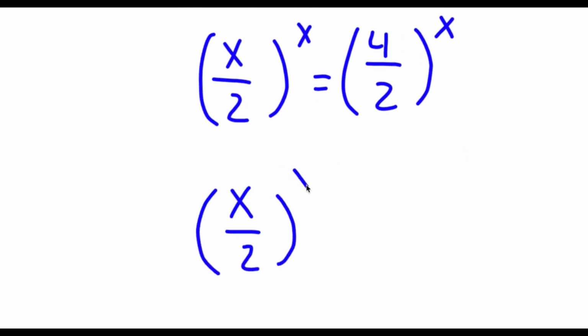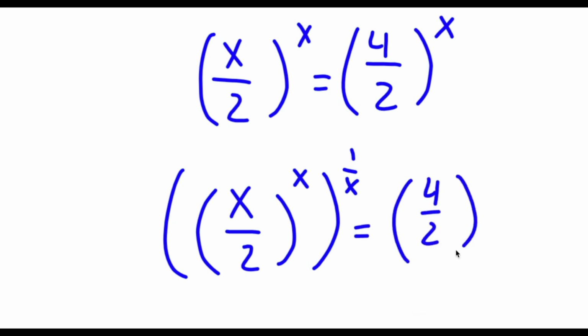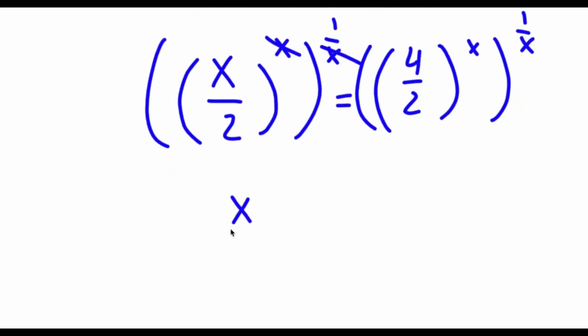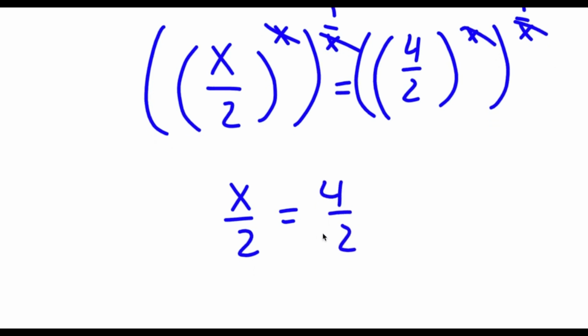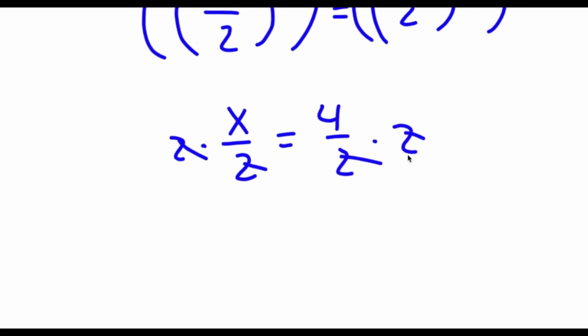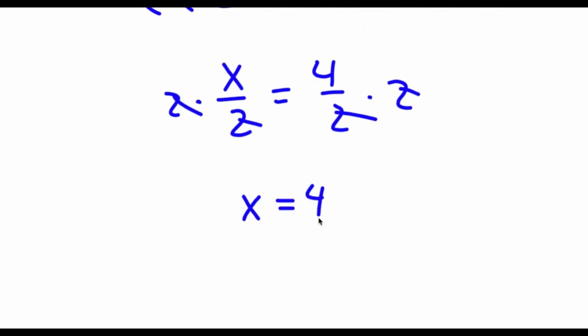So now I have x over 2 to the power of x to the power of 1 over x is equal to 4 over 2 to the power of x to the power of 1 over x. Now x and 1 over x simply cancel out, so I'm left with x over 2 is equal to, same thing over here, 4 over 2. Now if I multiply both sides by 2, these two cancel out, and I'm left with x is equal to 4. So this is my answer.